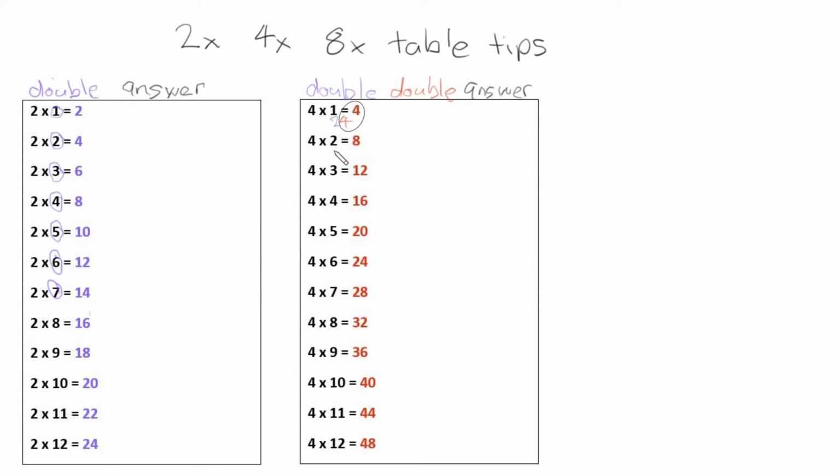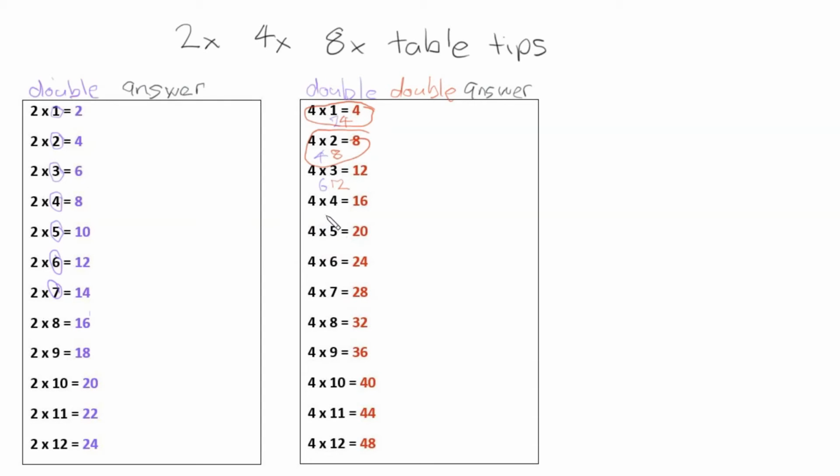So let's have a look. Double 2 is 4, and double 4 is 8. So you can see here I am doing the answers for here and here. Double 3 is 6, and double 6, you guessed it, is 12.